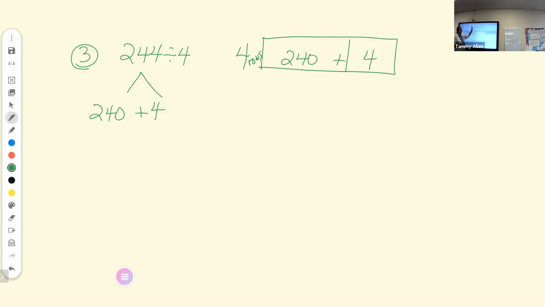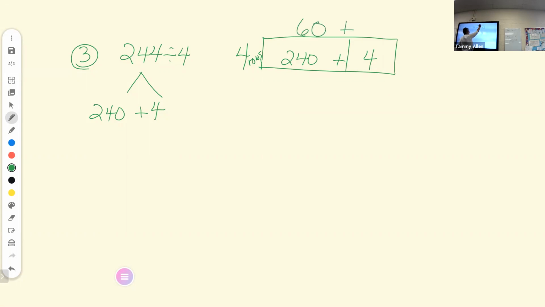What would 240 divided by 4 be? Well, look at that list. In your multiples of 4, count down until you get to 24. How many did you count? Look again. 6. So this is going to be 60.